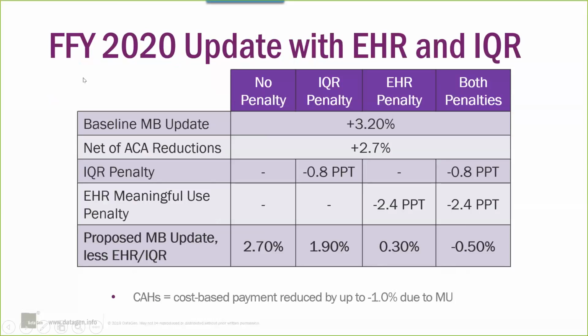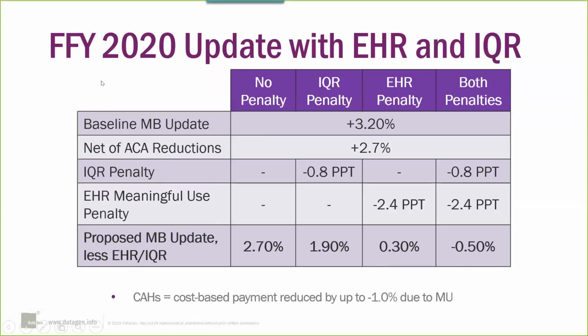Note that this proposed market basket update is not necessarily what everyone will receive. For those hospitals that fail to comply with the electronic health record and Inpatient Quality Reporting programs, there are reductions to this update.